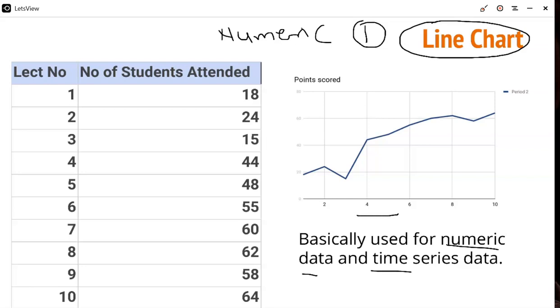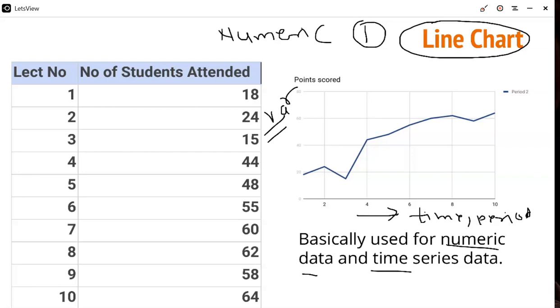On the x-axis, we usually take the time or period, and on the y-axis the values for the variable. Now here I am explaining the line chart with one example of the students who attended my last 10 lectures, and these are the numbers.